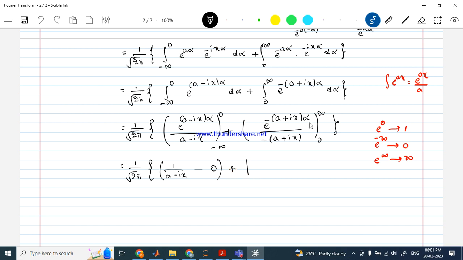Plus, for the upper limit, alpha is infinity, so we already have the negative sign here, e power minus infinity, which is 0, minus the lower limit, alpha is 0, this becomes e power 0, which is 1 by minus of a plus ix.